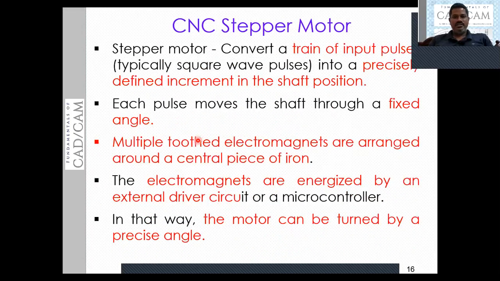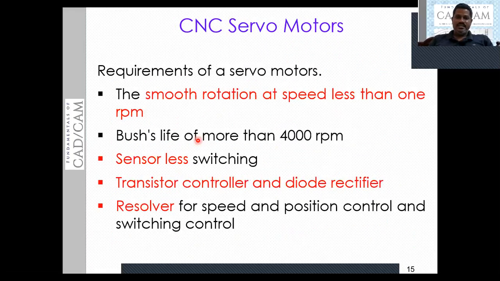Let us discuss the stepper motor. Okay, stepper motor is going to work by taking the input in the form of pulse. This is the advantage of the stepper motor. The servo motor is not going to take the signal in the form of pulse.